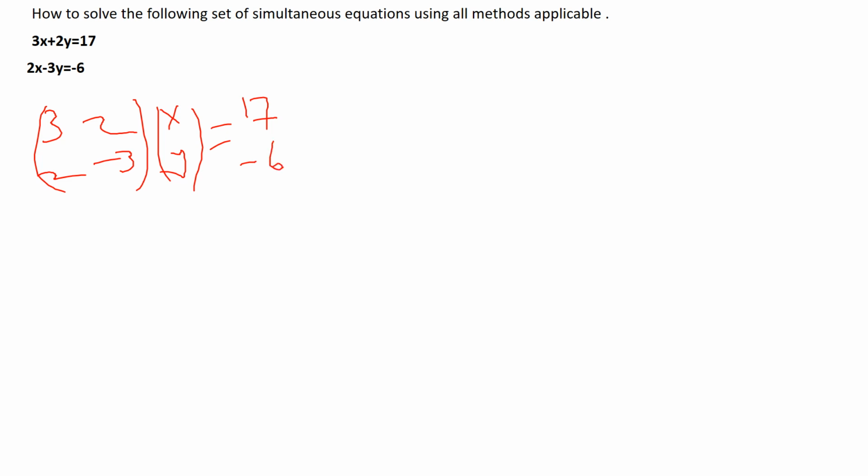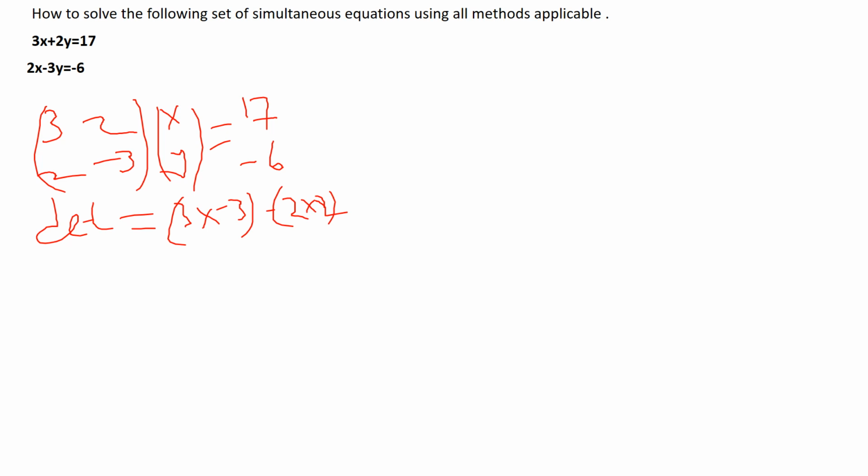So the next thing that we do, we get the determinant, which is equals to, we take the major diagonal, which is 3, multiplied by negative 3. Then this we subtract 2 multiplied by 2.